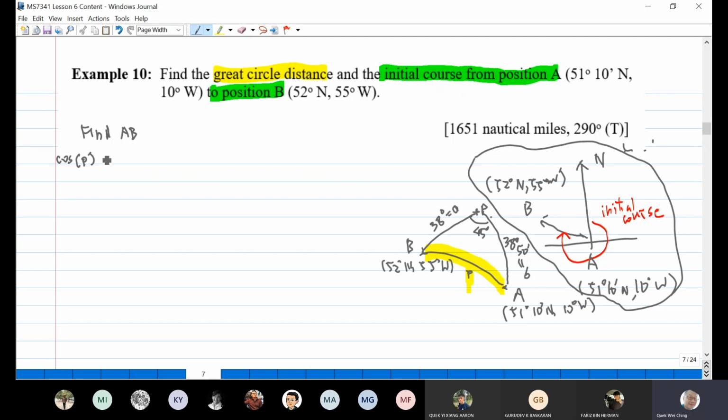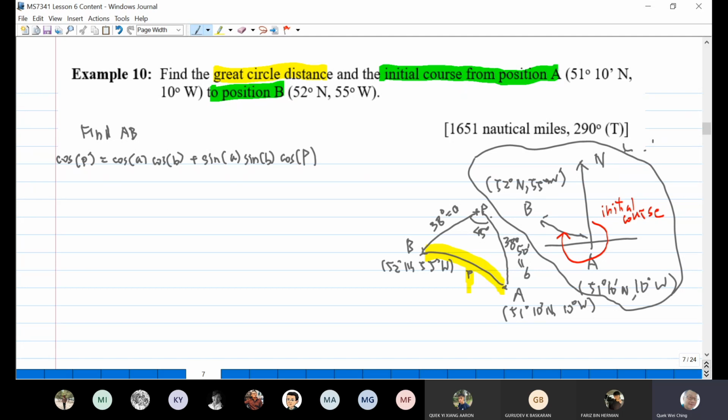So we can use cosine of A cosine of B plus sine of A sine of B, then cosine of P, angle P. Okay, this is the law of cosine.